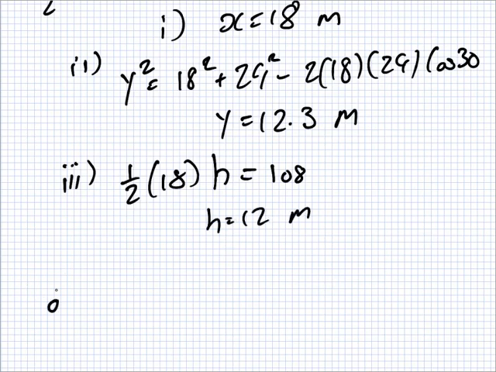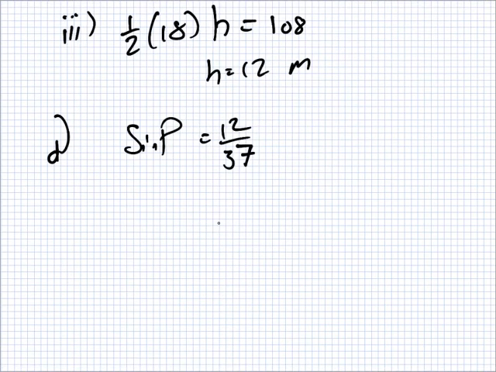And finally, D. Sine P equals 12 over 37. Find the value of cos P. Now you know that's acute, so which quadrant is it in? First, second, third, or fourth? It's in this quadrant, isn't it?